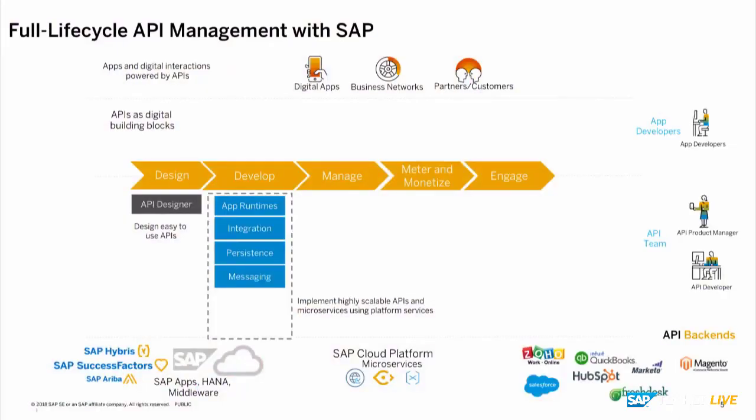So there are multiple ways to implement APIs. It's a versatile platform. Today we're going to look at how do we implement APIs, the microservices which are supporting the APIs using Cloud Foundry. You can also use integration services to go and integrate into your backend, pull the data out and implement your APIs. You can use persistency. We're going to show how you'll use persistency.